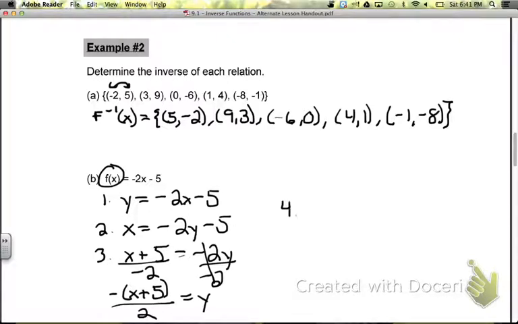And our last and final step here is to write it in terms of our function notation. So our f inverse of x is equal to negative (x plus 5) all over 2. And that is our final answer.